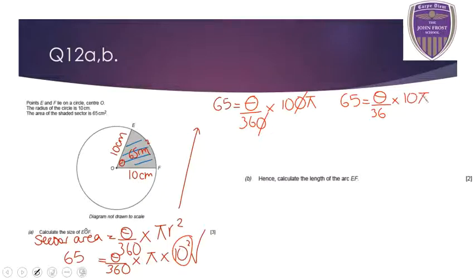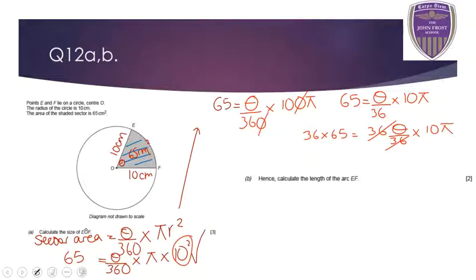Now, what we need to do is to get theta on its own. So it's a bit like solving an equation. So what I'm going to do is multiply each side by 36. So 36 times 65. And then they cancel out. Okay?